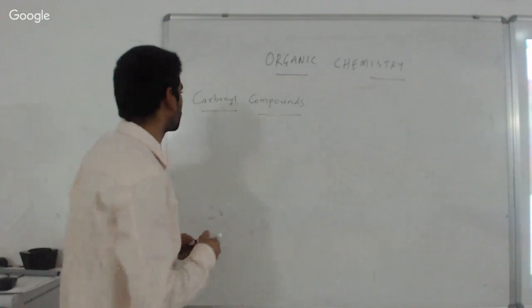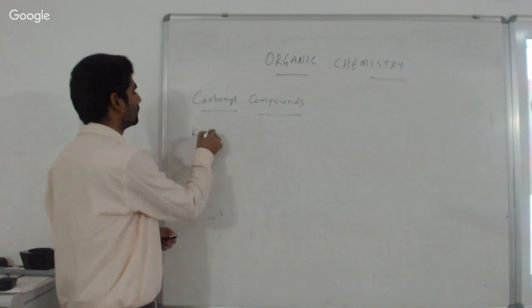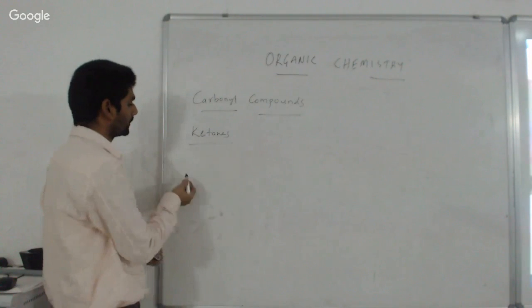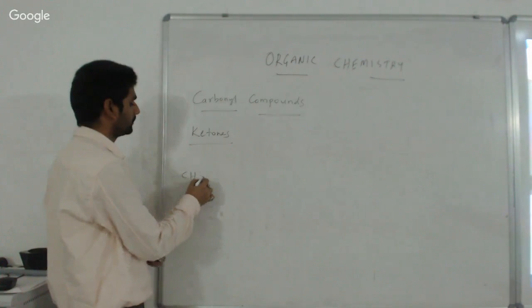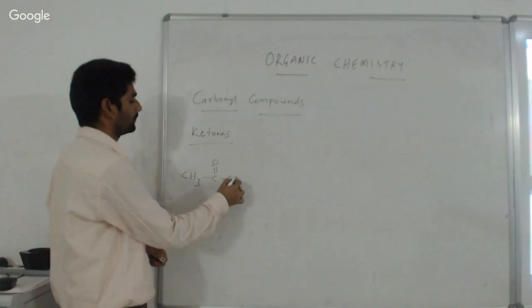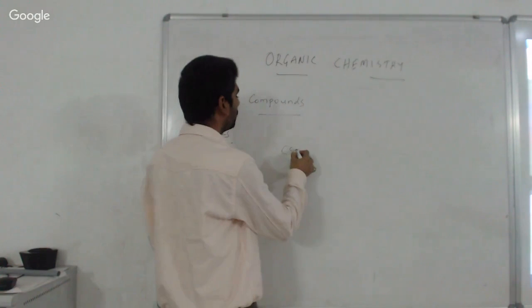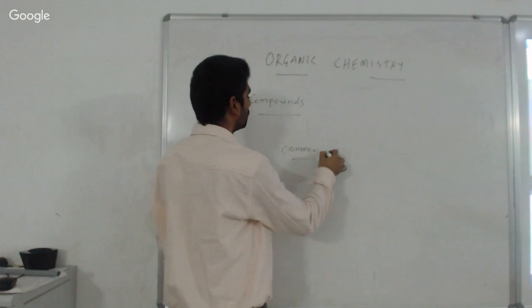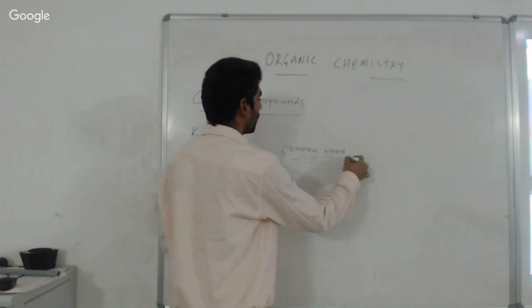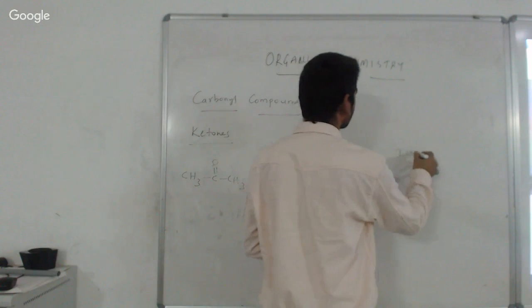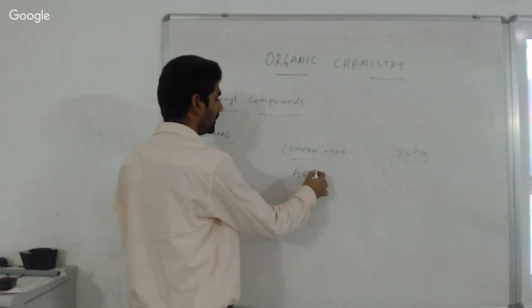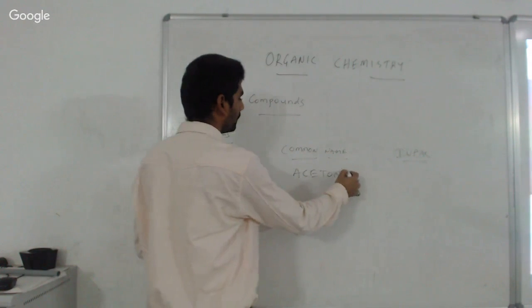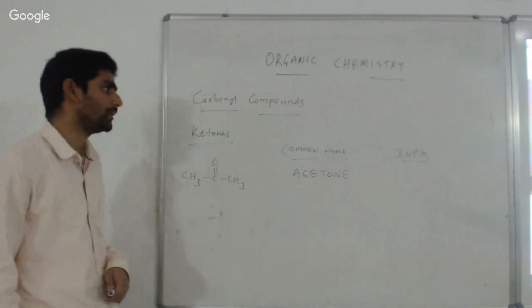Next, ketones. The common name of this is acetone, and the IUPAC name is propanone. Propanone is the IUPAC name; acetone is the common name.